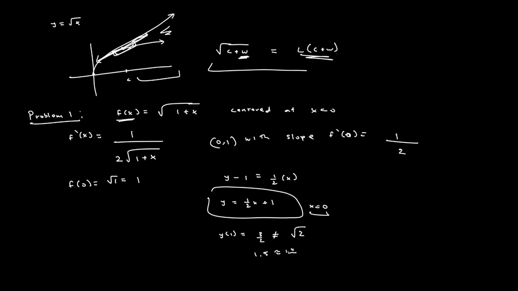We'll now move on to the second thing, which is known as Newton's method. Newton's method is essentially a technique to find or approximate the zeros of a function.